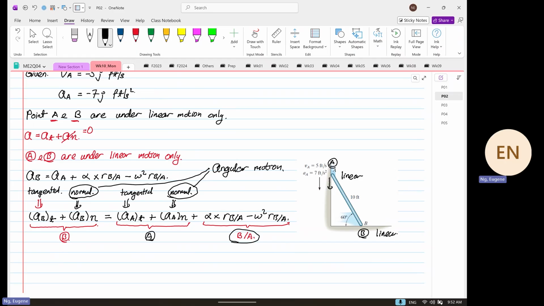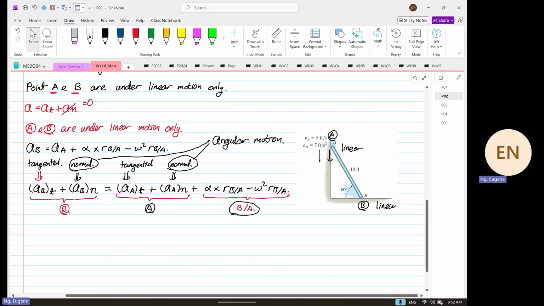So from here, looking back at the formula down here, we have to now determine what our omega is.